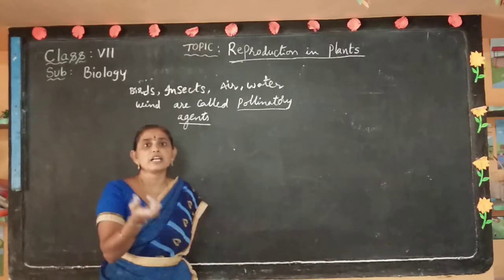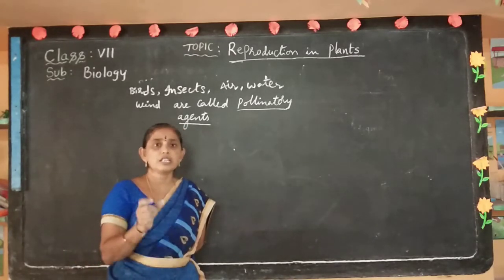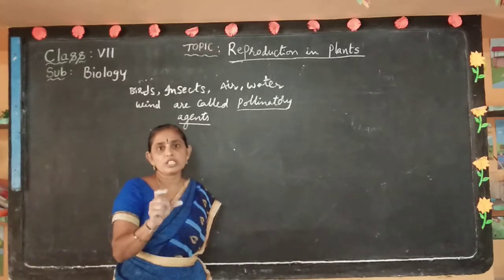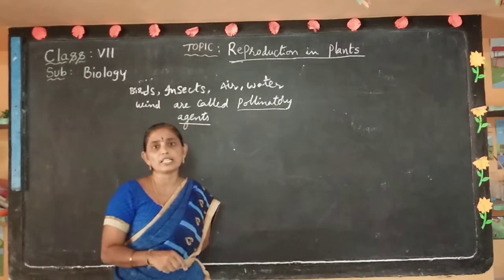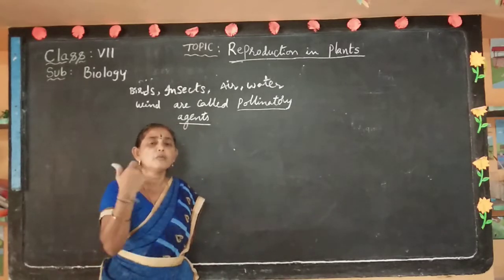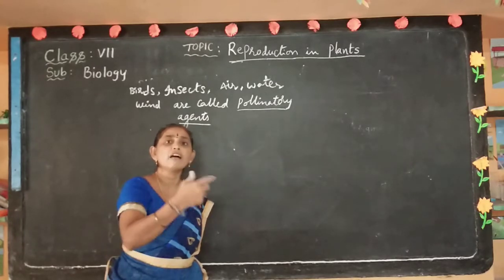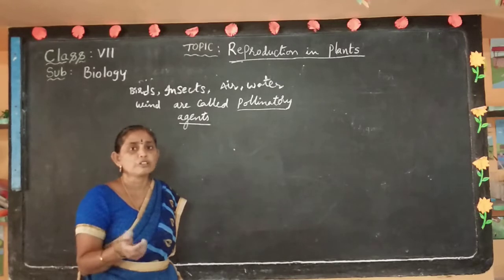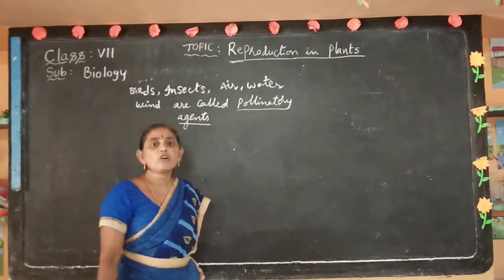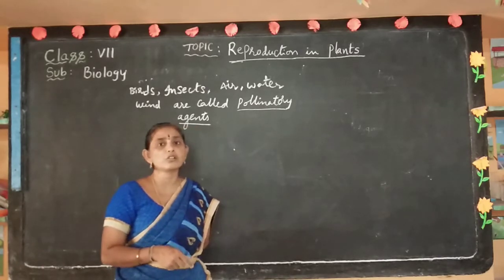Sometimes the farmers spray pesticides and insecticides. Spraying the required doses of pesticides and insecticides on the crop plants is useful. But spraying more doses is not only harmful, useful organisms also die.